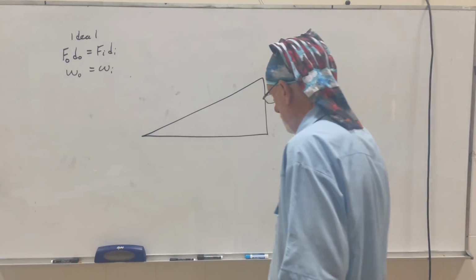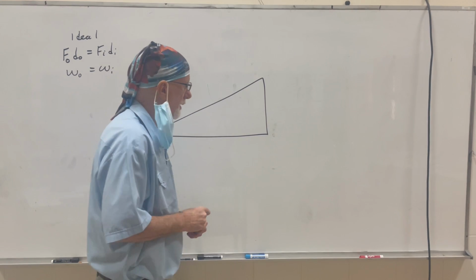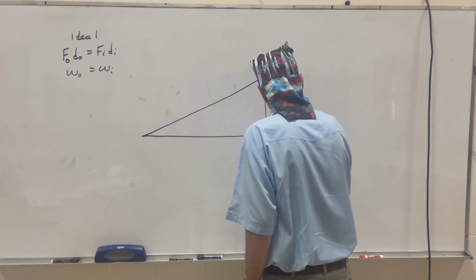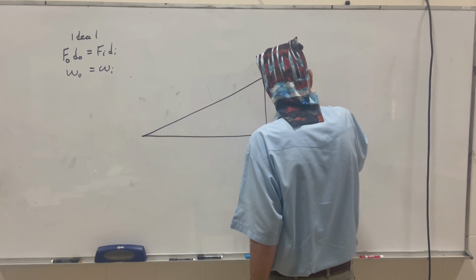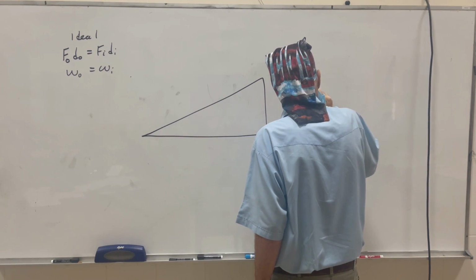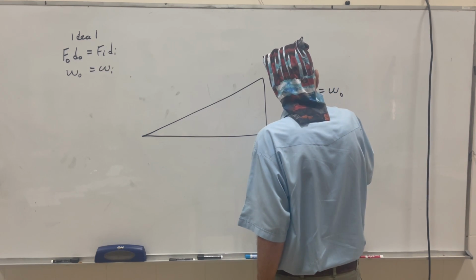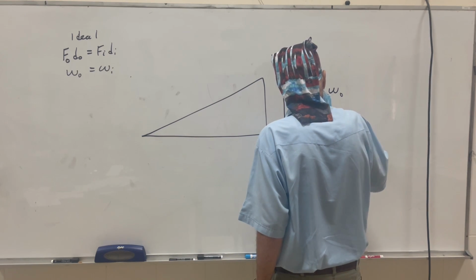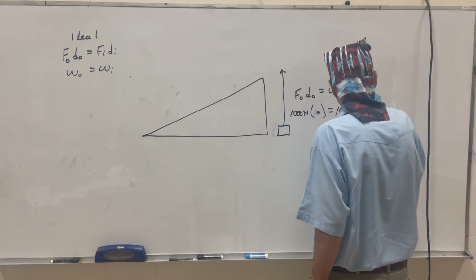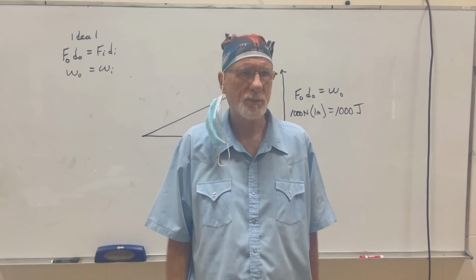So we know that if I lifted this box here, I'm going to say 1,000 newtons times 1 meter equals 1,000 joules, based on our last example, correct?